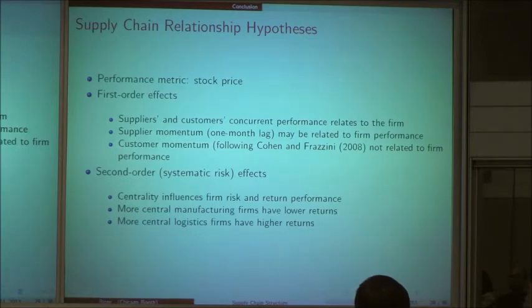Now, the customer momentum also appeared in a paper by Cohen and Frazzini in 2008, where they did see that there was a significant impact. So if your customer had a negative or a positive shock in one month, then that affected your own firm's price the following month.